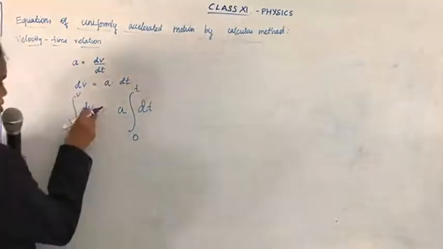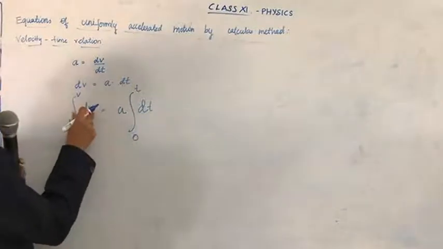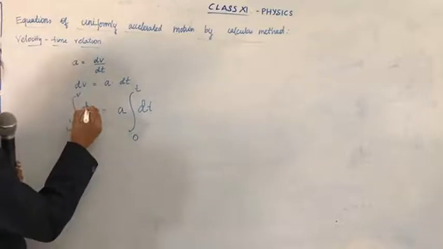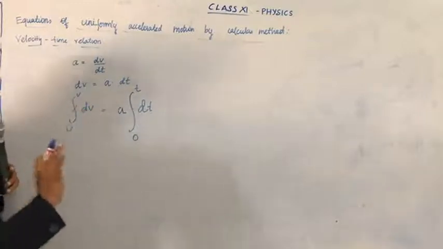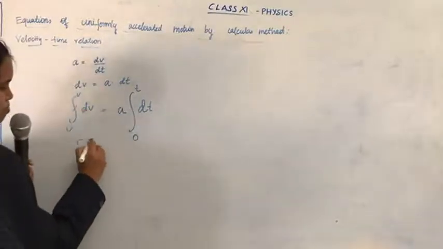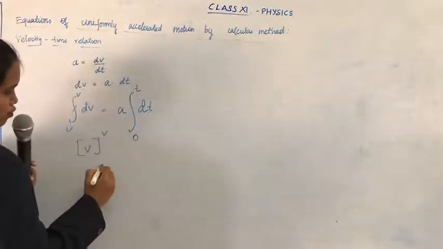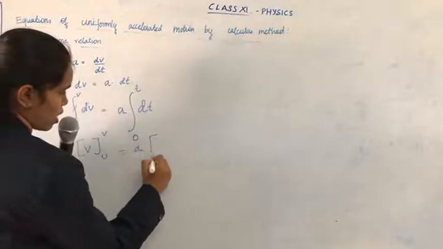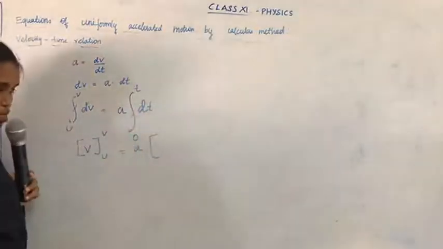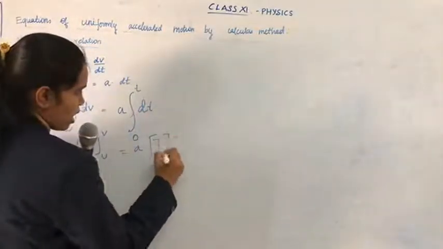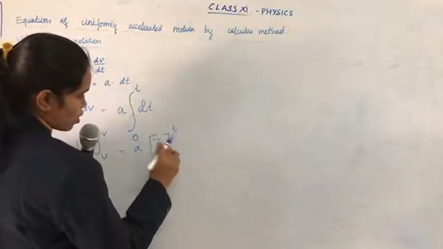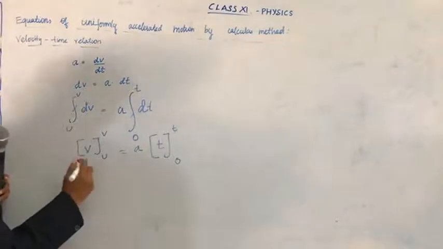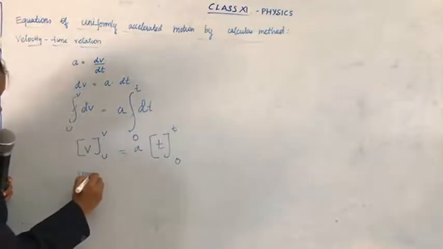Now dv is a differential form and this is integration. The differentiation and integration cancel and it becomes v, upper limit v, lower limit u, equal to a times t, upper limit t, lower limit 0. Now we apply upper limit minus lower limit.